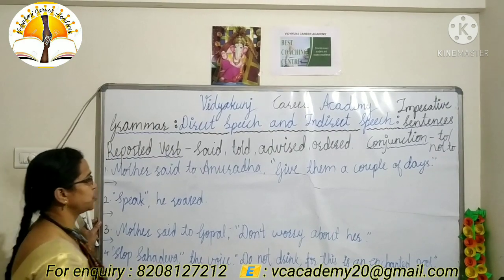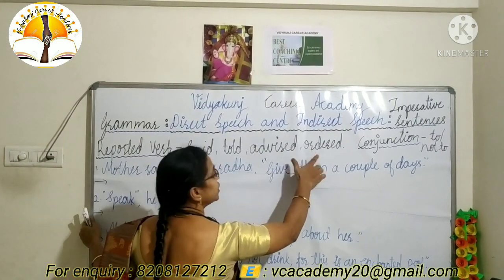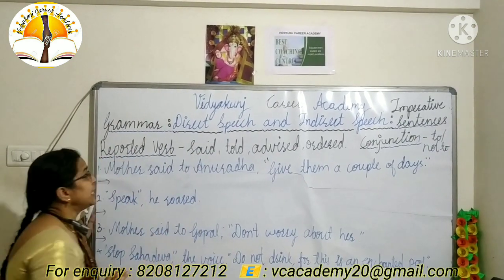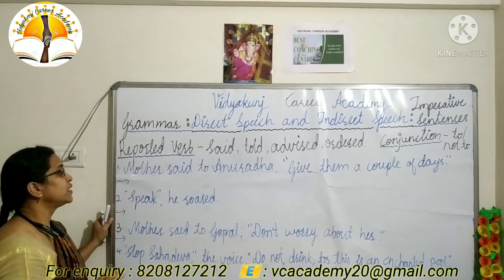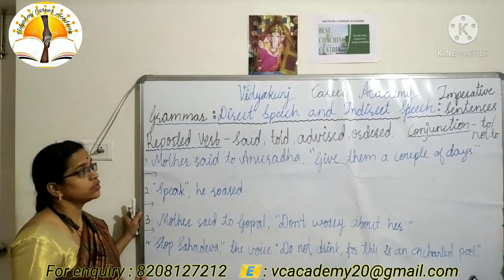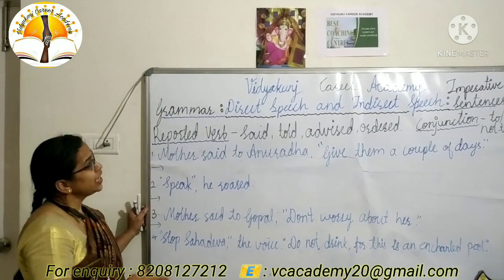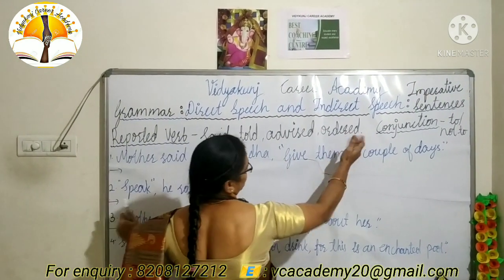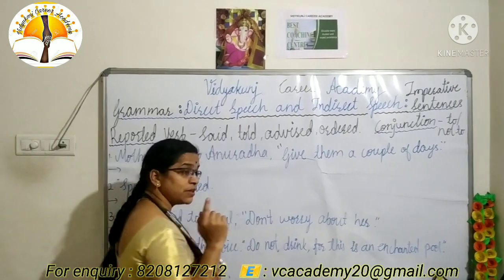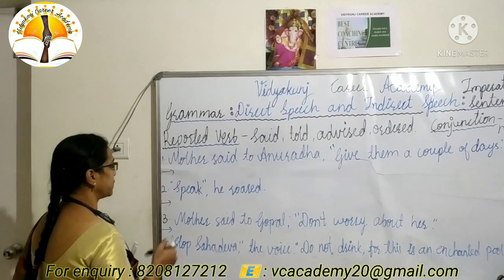Said, told, advised, ordered, you can use these verbs as the reported verb when you are changing into indirect speech with emotions. Even some more verbs you can use as per that direct speech. Now let's see. I will read.